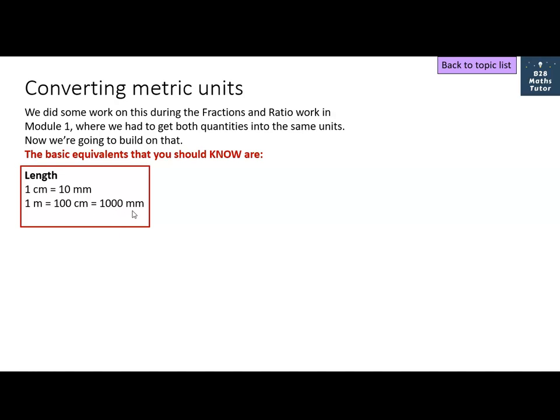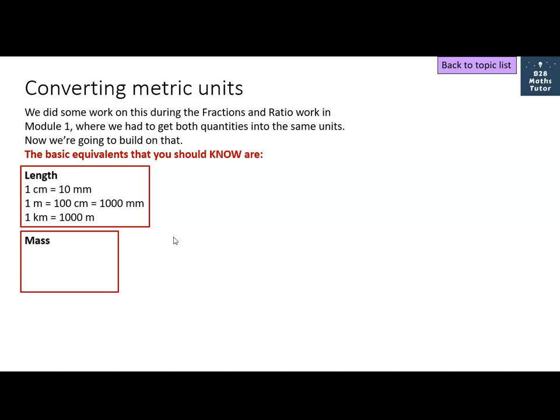And milli means a thousandth or 1,000, as in millennium is 1,000 years. And 1 kilometre is 1,000 metres. So kilo also means 1,000. Milli comes from Latin, hence the M in Roman numerals meaning 1,000, and kilo comes from ancient Greek.